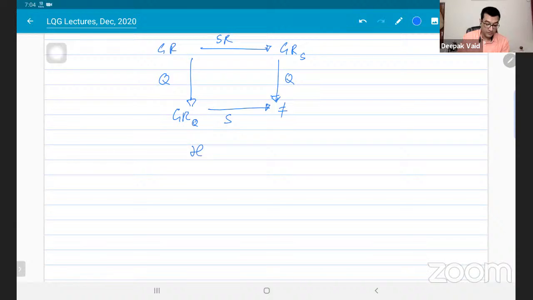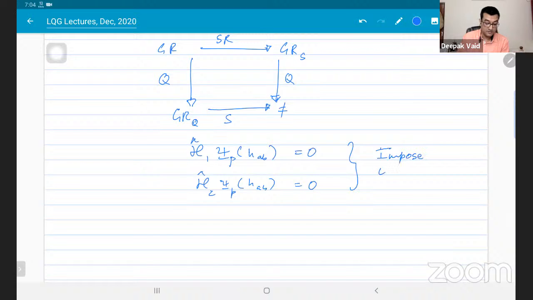You have to take your Hamiltonian constraints H1 as an operator, and your physical states have to be annihilated by these to obtain your physical state space.